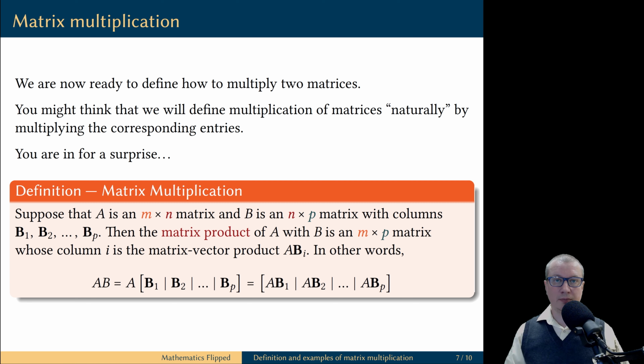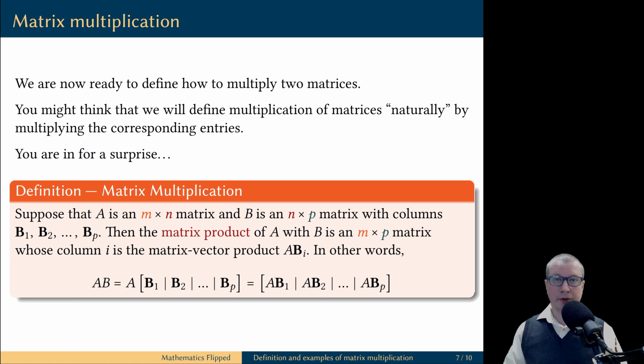The first column of the matrix AB is equal to the matrix vector product of the matrix A with the first column of the matrix B. The second column of the product matrix AB is equal to the matrix vector product of the matrix A with the second column of the matrix B, and so on.